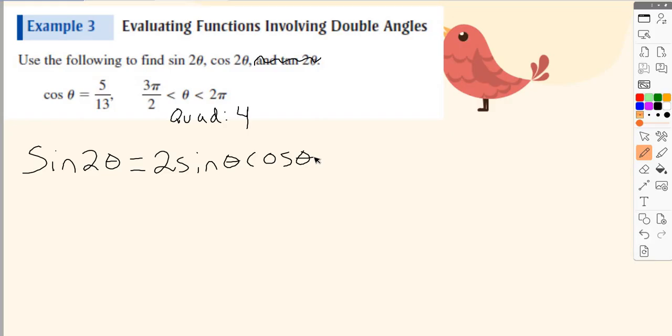So as long as I know cosine of theta and sine of theta, I can find sine of 2 theta. Now, do I know cosine of theta? Yeah, they gave it to us. Do I know sine? No. But we can find it. Because remember, cosine is equal to what?